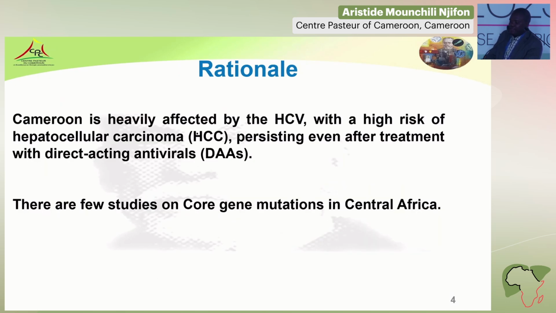Cameroon is heavily affected by the HCV, with a high risk of hepatocellular carcinoma persisting even after treatment with direct-acting antivirals. There are 5 studies on core gene mutation in Central Africa.